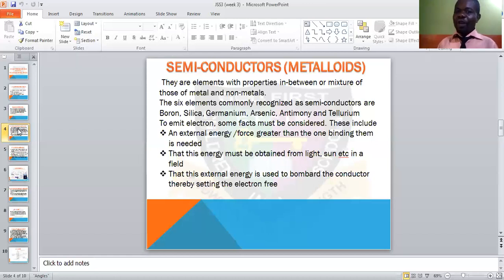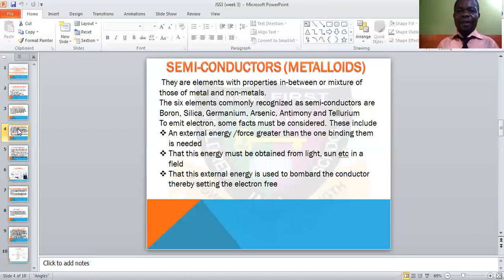The 6 elements commonly regarded as semiconductors or metalloids are boron, silicon, germanium, arsenic, antimony, and tellurium. Please, pay attention to how you pronounce antimony. There's a way you pronounce this.